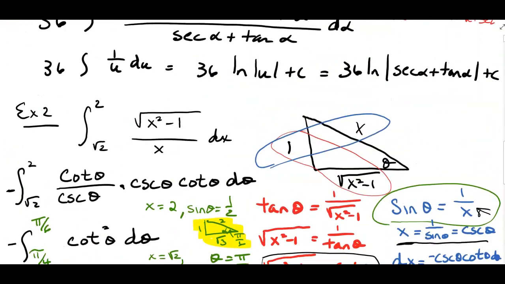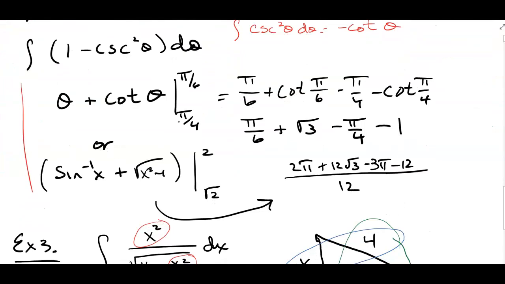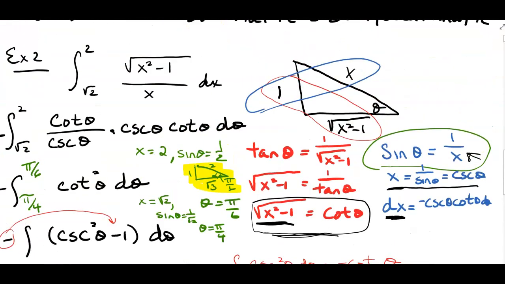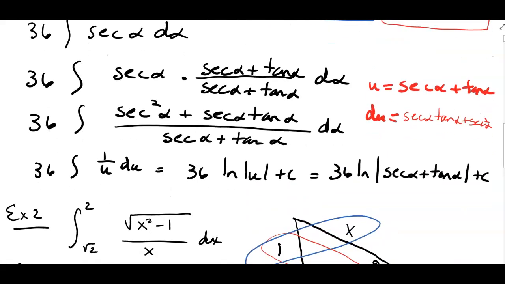I think in problem 1 I just stopped. I jumped a little too far ahead in my notes. So if you want to go back in your notes to problem 1, we left it at 36 ln secant theta plus tan theta. I got so excited to move on to the next problem. We forgot to plug it back and go back.